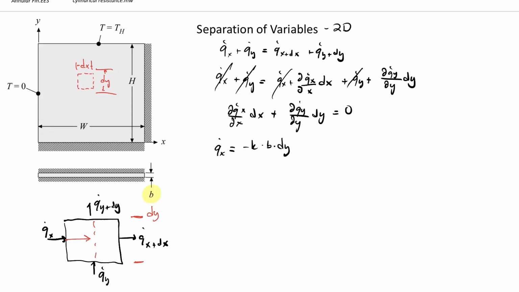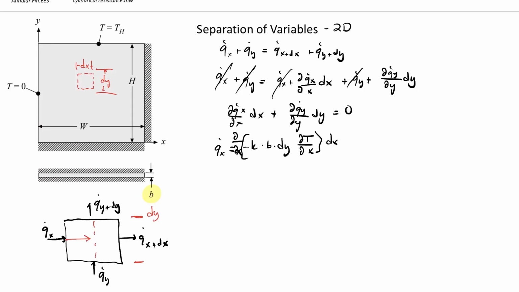Okay, so minus k times b times dy times our partial temperature with respect to x. Sorry, and all of this has to be the differential, so differential with respect to x of all that. That makes sense. Okay, times dx.